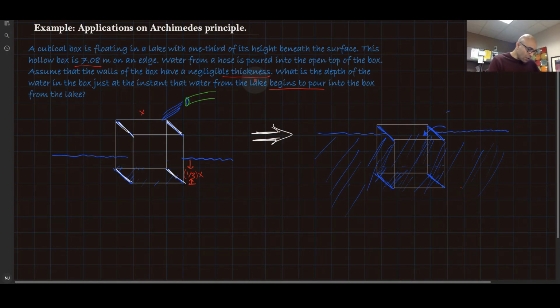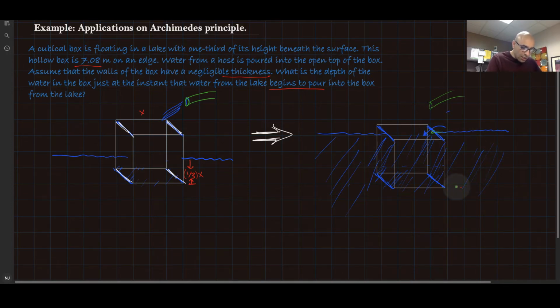All right, so this box is floating like this, and you start pouring water into it. As you pour more and more water, it starts sinking because of the water weight. At some point, the whole box is submerged and water from the surroundings starts going into it.